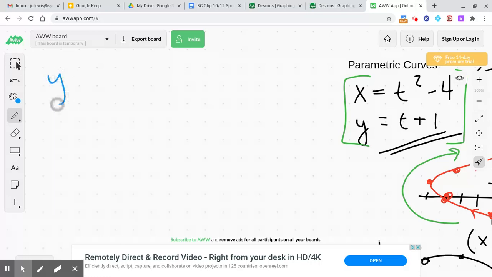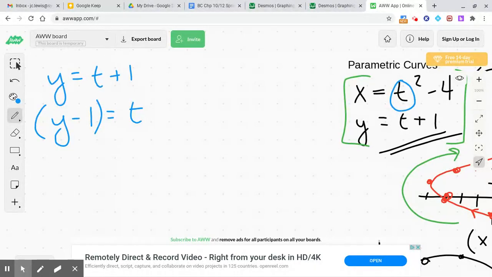So I'm going to take y equals t plus 1 and subtract 1 from both sides. So I get t equals y minus 1. Now I'm going to take this y minus 1 and substitute it in for time. So x equals (y minus 1) squared minus 4.